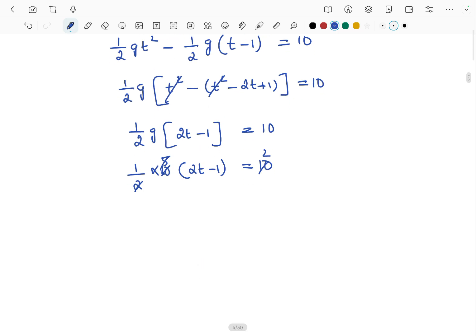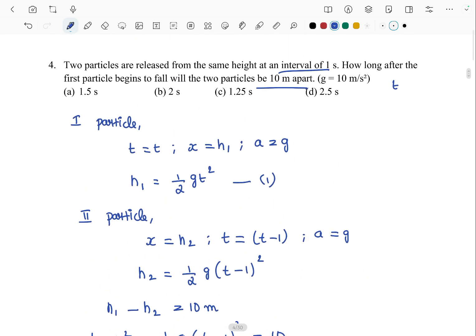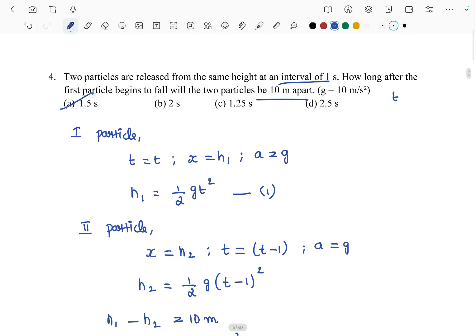So we have 2t minus 1 is equal to 2, or 2t is equal to 2 plus 1. 2t is equal to 3. So from here we get t as 3 by 2, which is nothing but 1.5 second. So 1.5 second, which is our first option, is right.